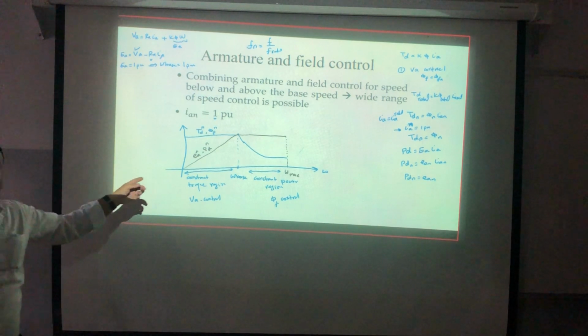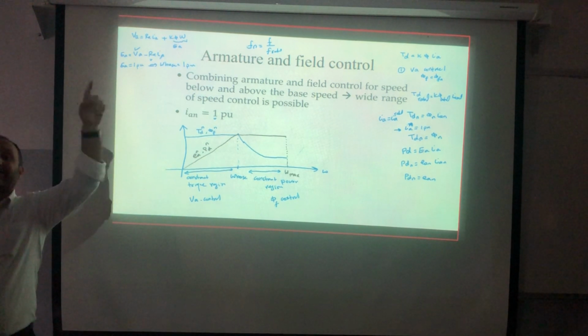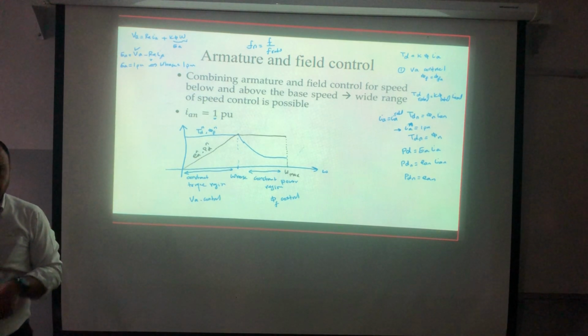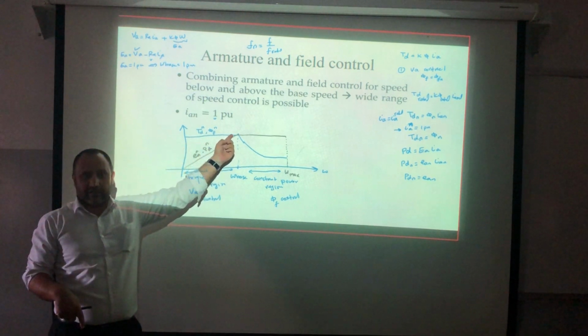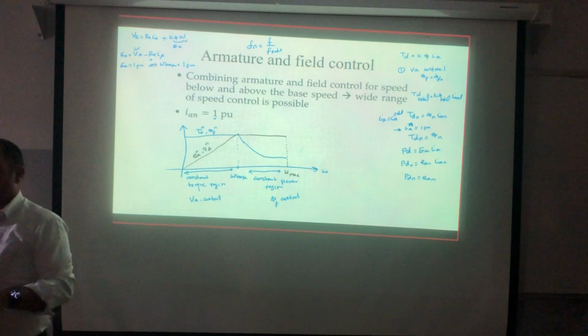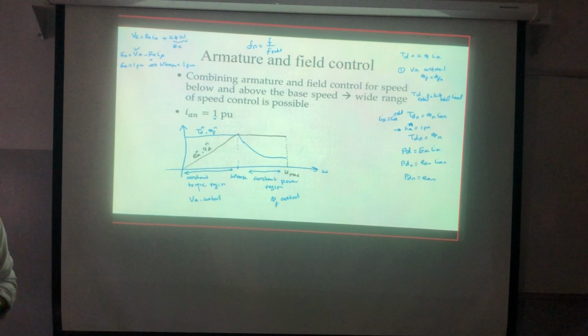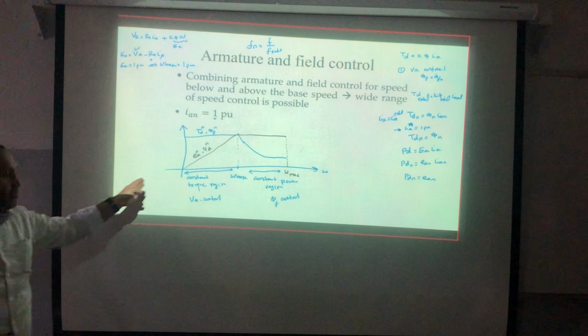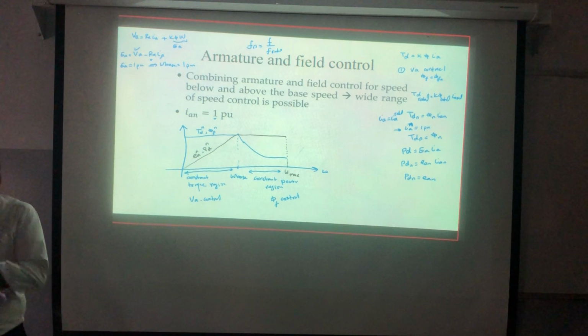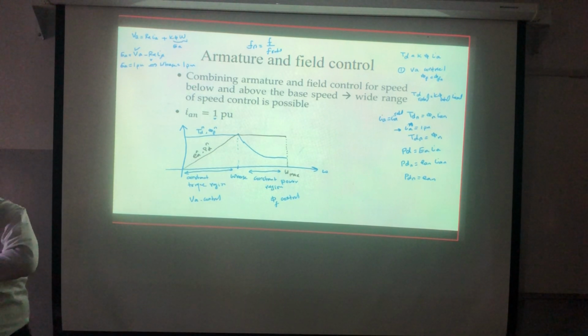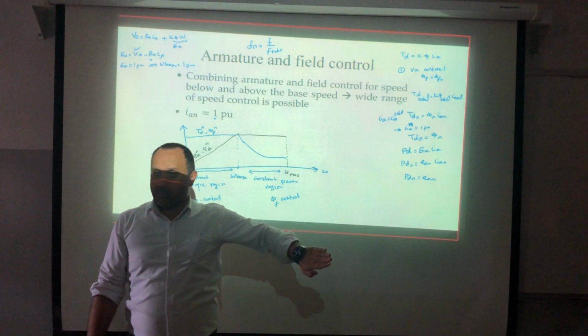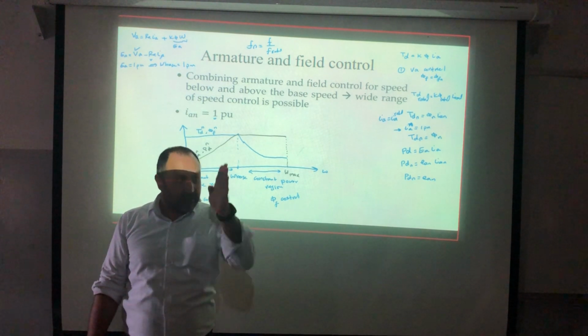So here I'm writing the motor capability. When I say here the torque is constant, this does not mean that the mechanical torque is constant. I mean at this point the machine can provide constant torque from 0 to omega. Yes? It can provide this torque.